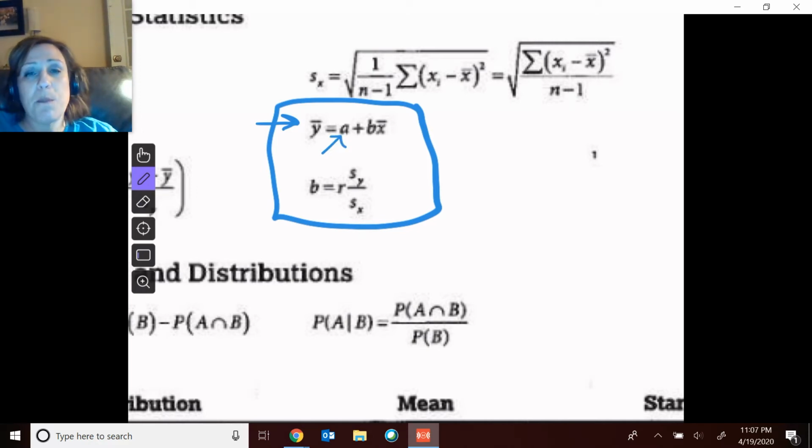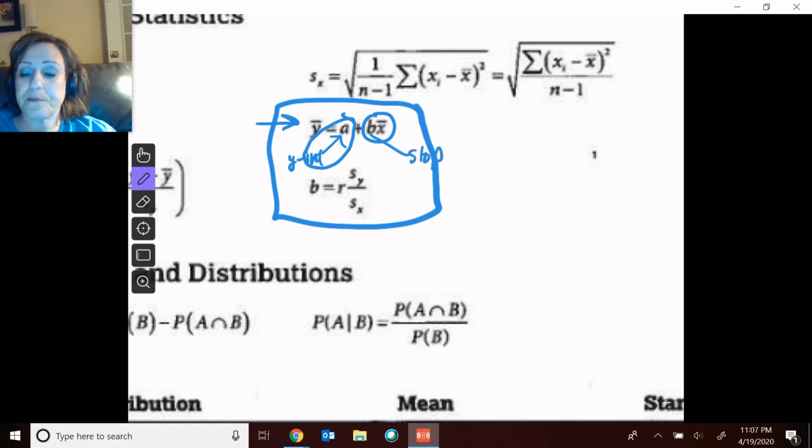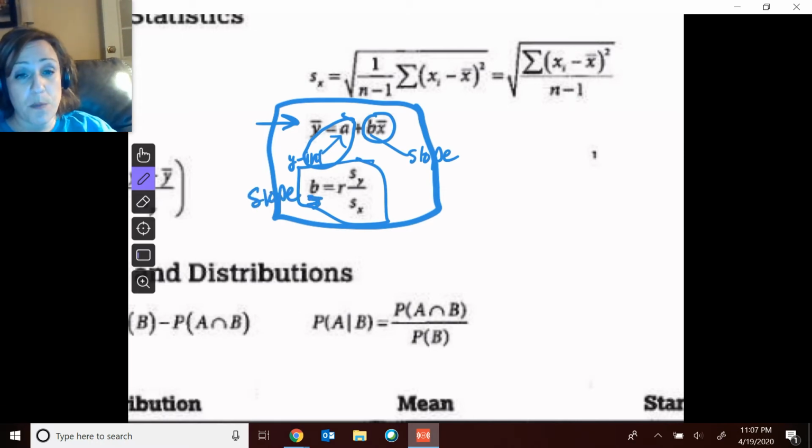They wrote it a little differently than mx plus b. But I can tell that this is the number that doesn't have the variable with it, so of course that's going to be my y-intercept when I write an equation. And this here is going to be our slope, and they're representing slope with the letter b. Then look at what they're saying. This is the slope equation, how to get the slope.